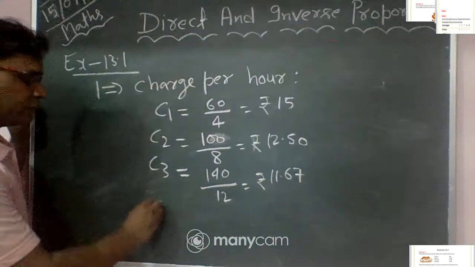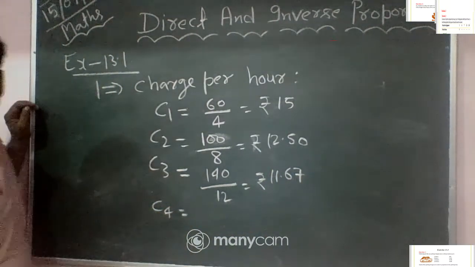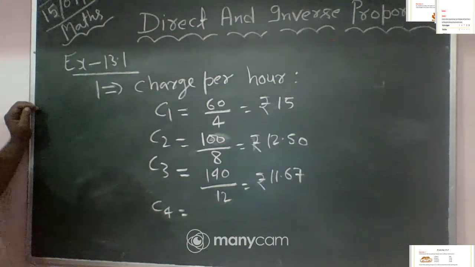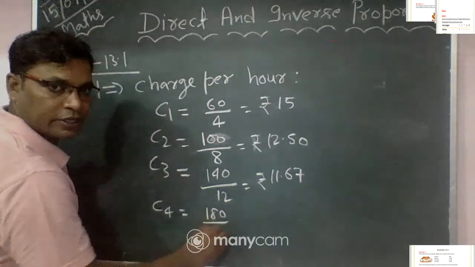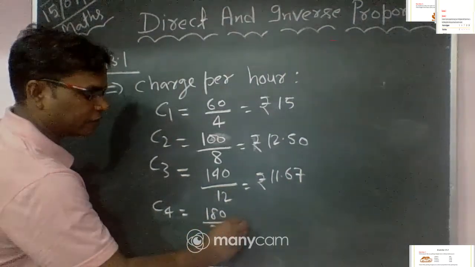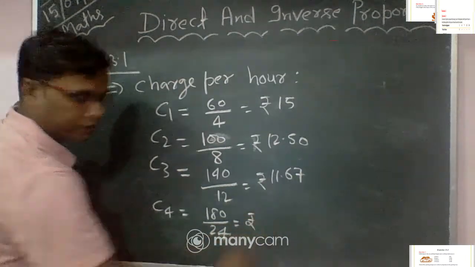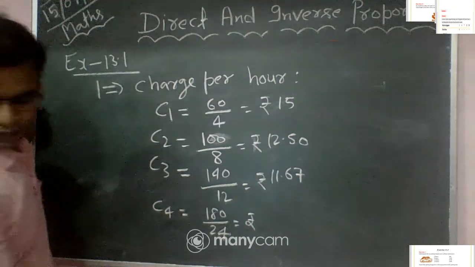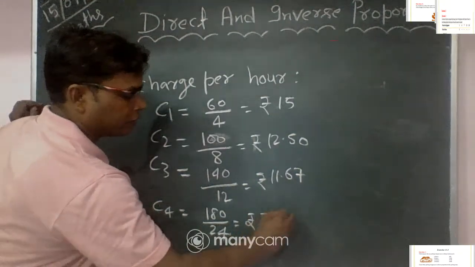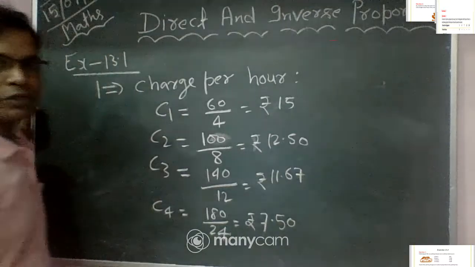Clear? And C4 is 180 rupees in 24 hours. So the charge per hour is 180 rupees by 24. This is equal to 7.50.